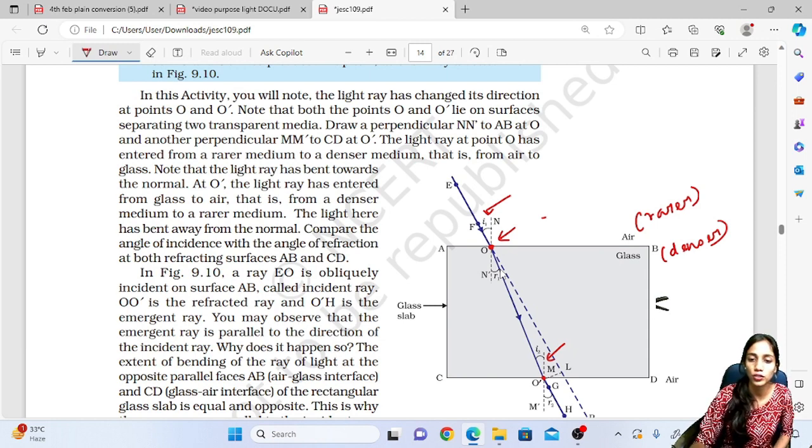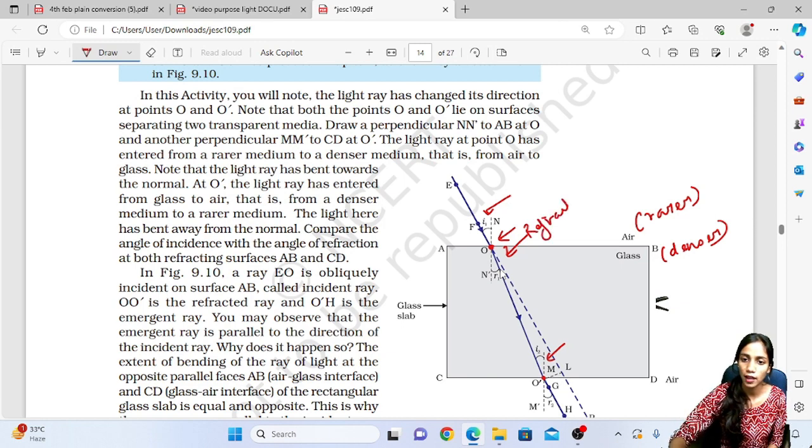Because of refraction it bends towards the normal. At this point the refraction has happened.